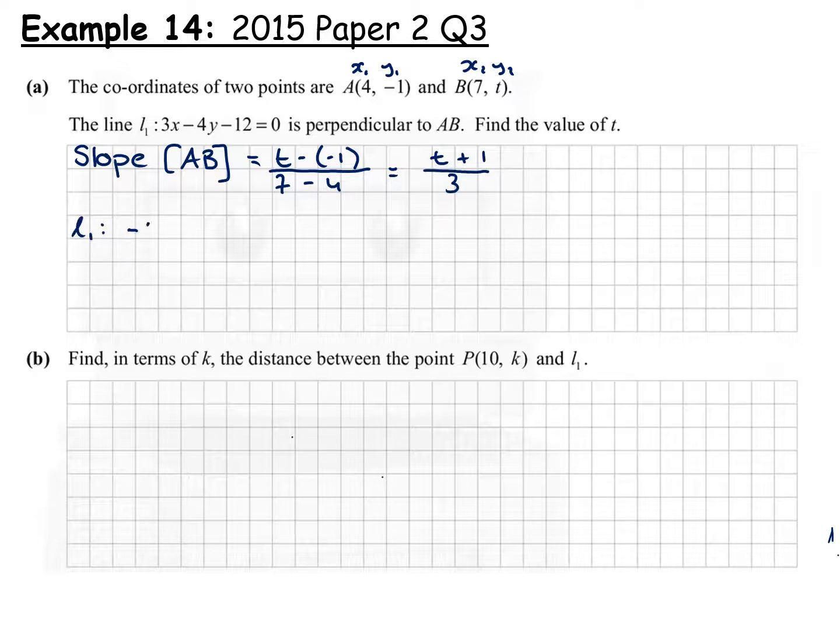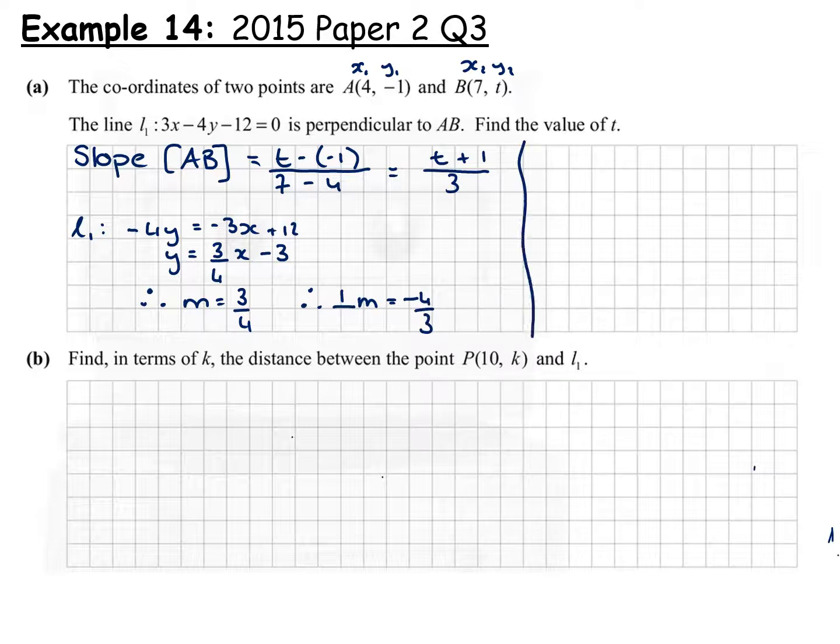Now we'll take the line L1 and we want to get the slope of this. So we're going to rearrange it into the form y equals mx plus c. 4y equals 3x minus 12, so y equals 3 over 4 x minus 3. Therefore my slope is equal to 3 over 4. My perpendicular slope is going to be the opposite reciprocal, flip it and change the sign, minus 4 over 3.